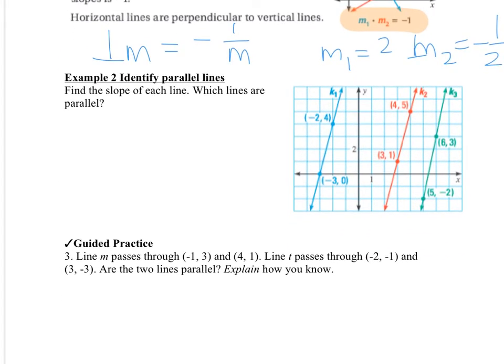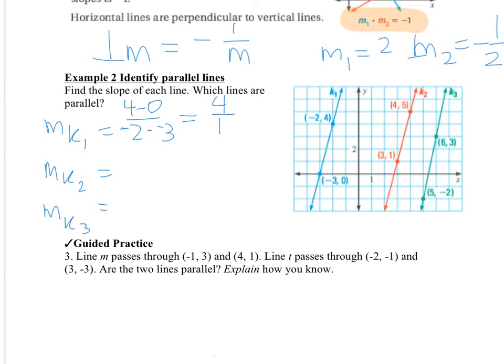Okay, so we're going to identify parallel lines, find the slope of each line and which lines are parallel. So I'm going to find the slope of K1, K2, and K3. Make sure when you subtract a negative that you put the symbols there.